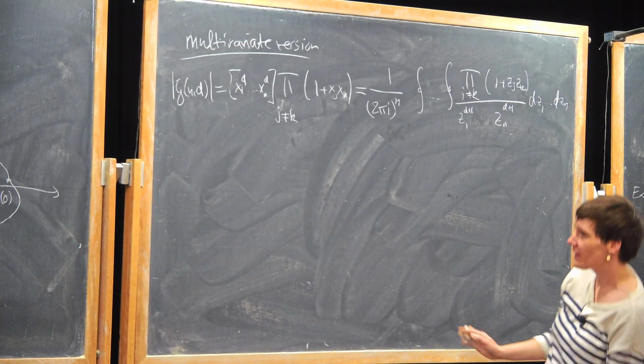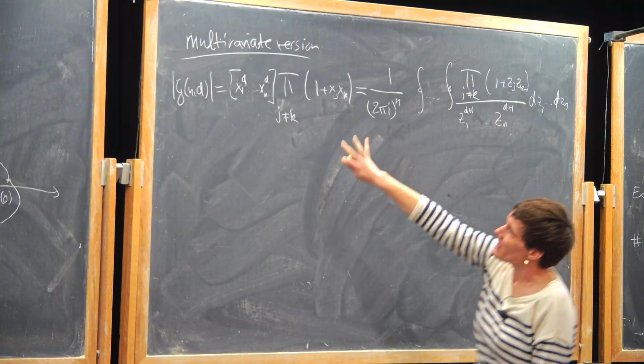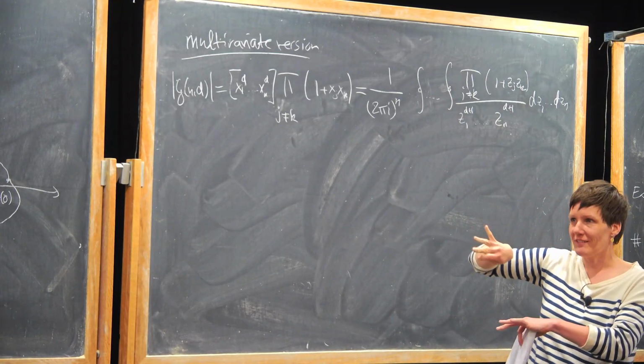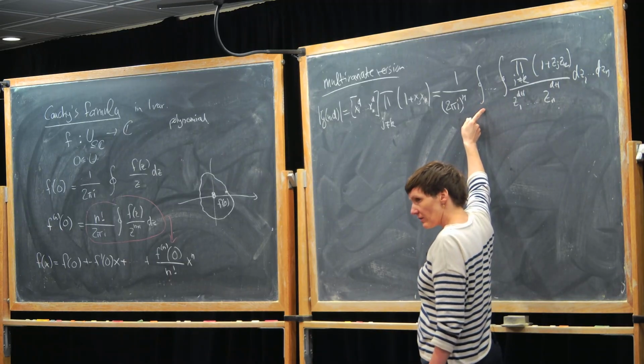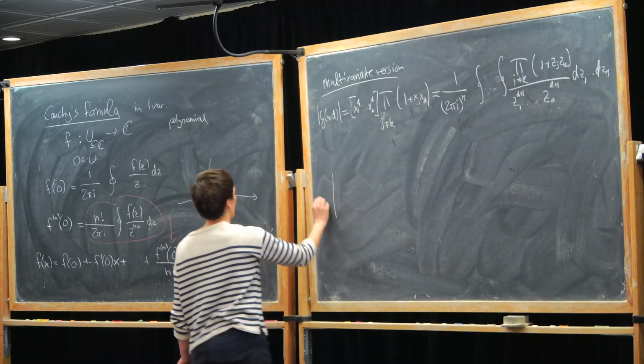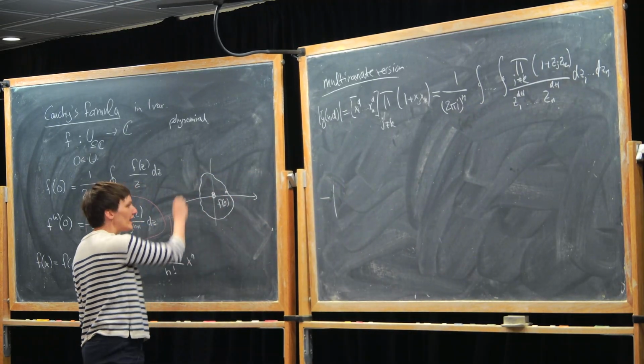Okay, and then because f is a polynomial and defined everywhere, you can choose whichever curve you want to go around. Like this curve can be anything.